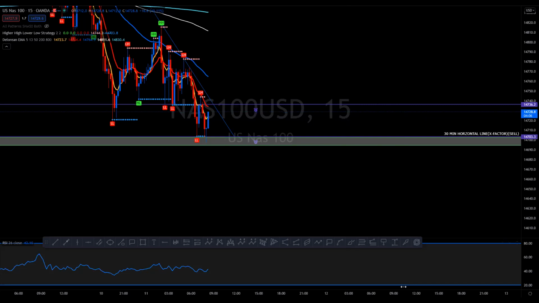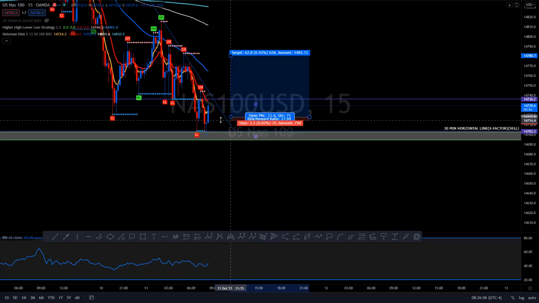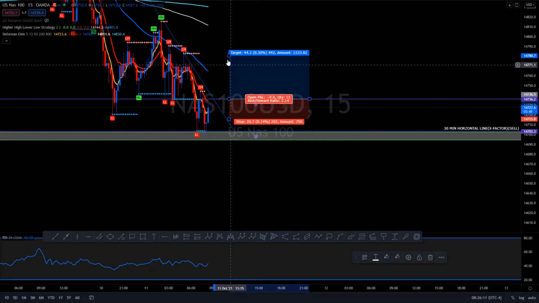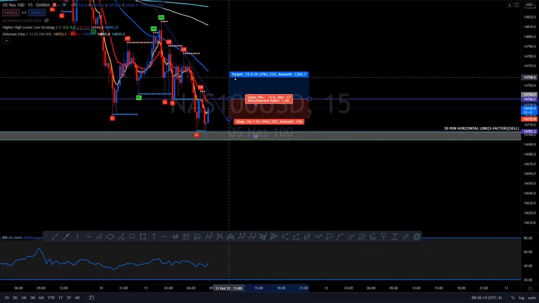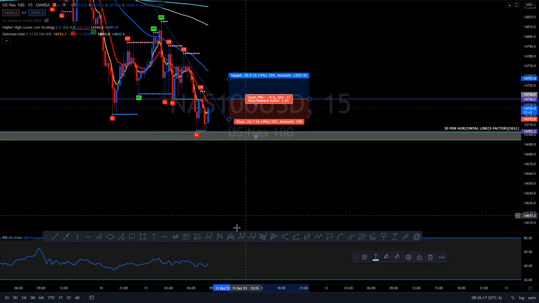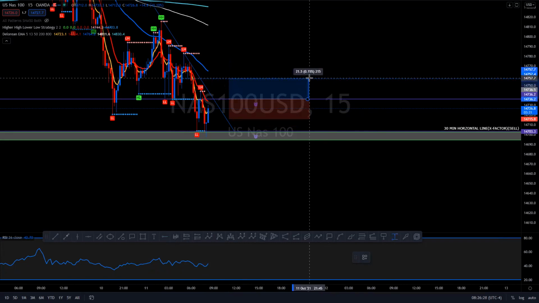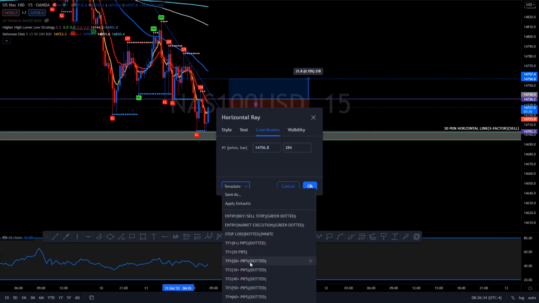Looks like this thing is about to buy up and is really pushing up, and it just passed this resistance. So I'm going to take out my risk to reward tool, and I'm going to put my stop loss here, my entry right here, to get at least a risk to reward of 1. Planning my take profit levels. I'm going to say there's probably at least 20 pips in NAS, so I'm just going to put that.